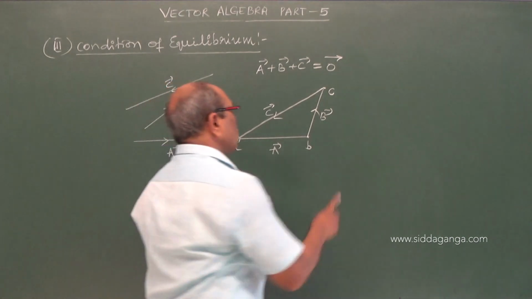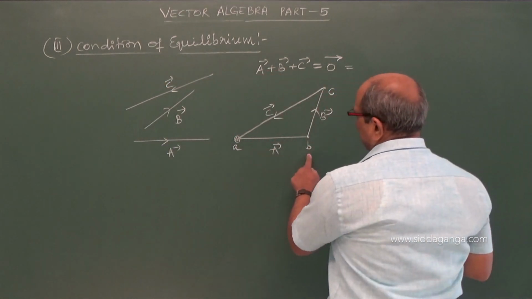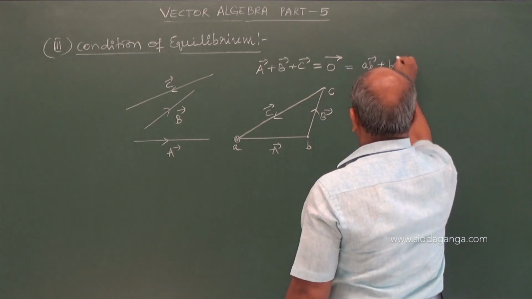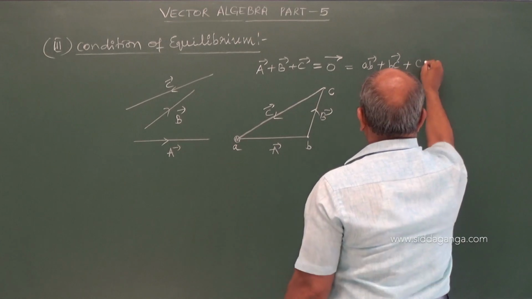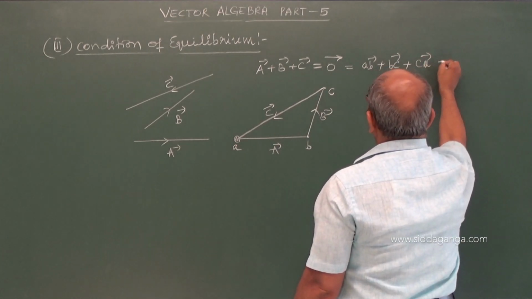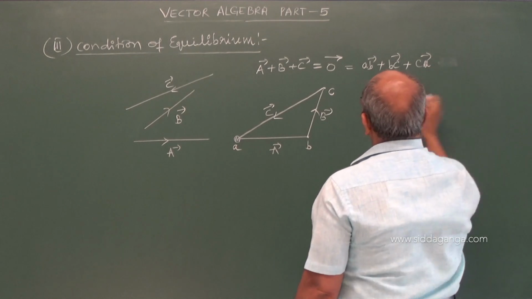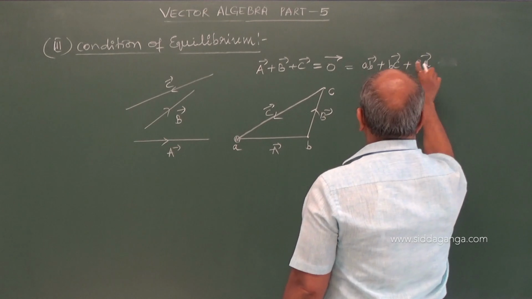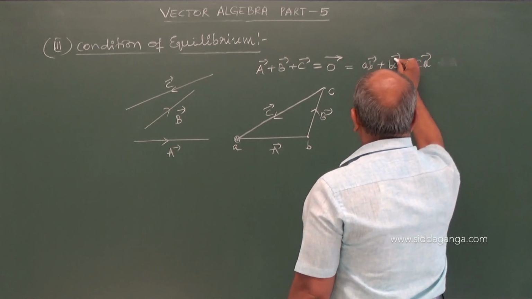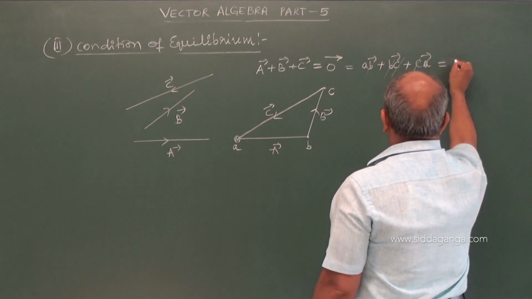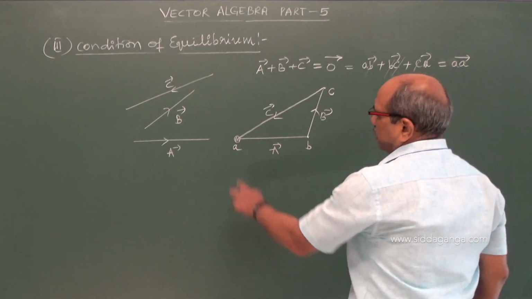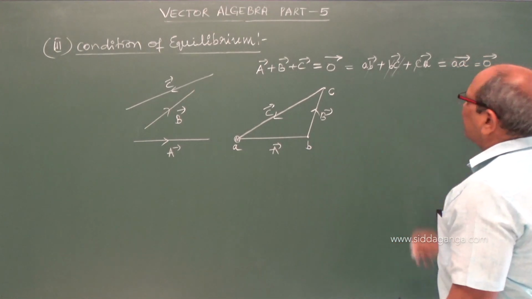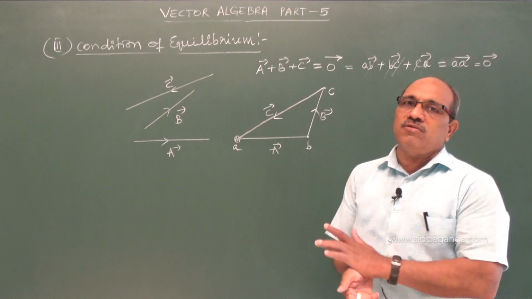Here vector AB plus BC plus CA: B to B cancels, C to C cancels, and what remains is A to A. A to A means magnitude is 0, therefore it is a null vector. Null vector means the body comes to equilibrium.